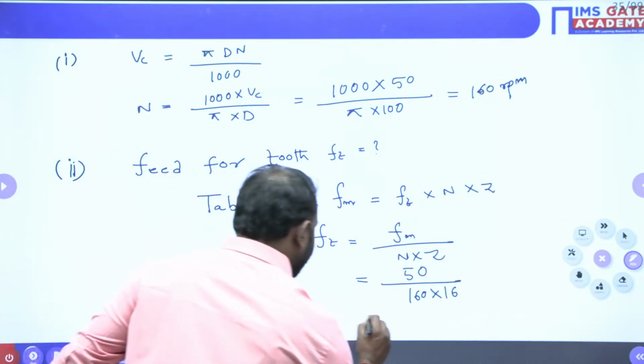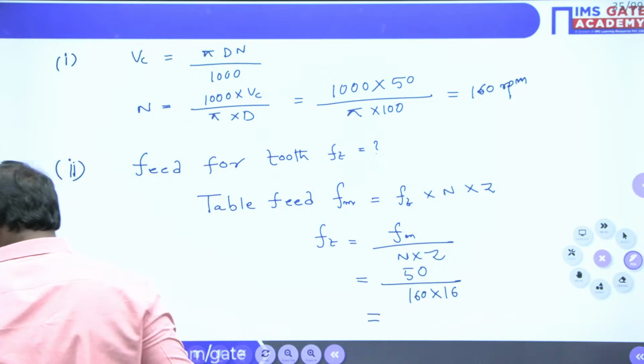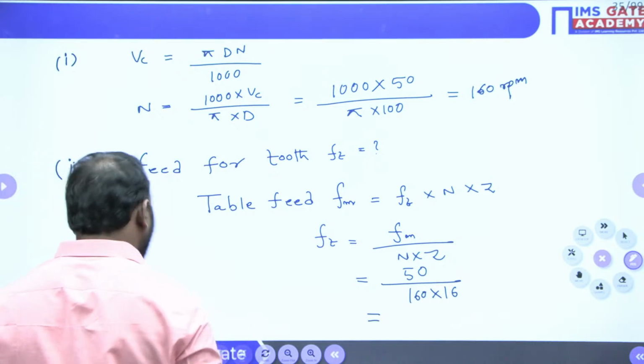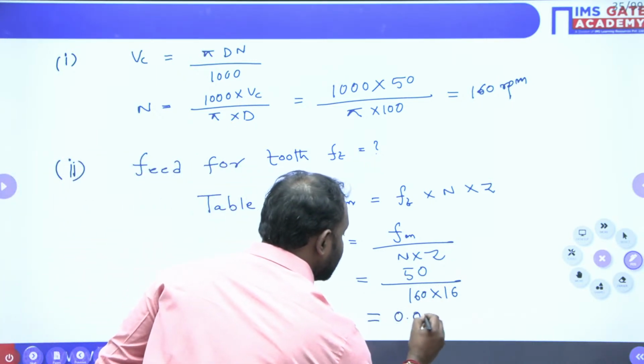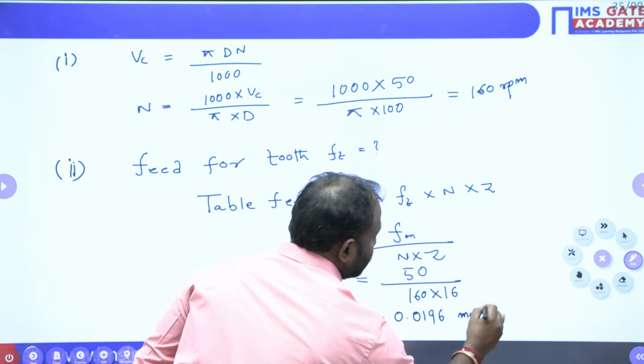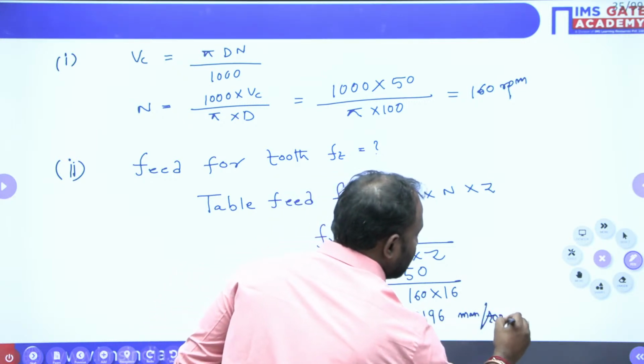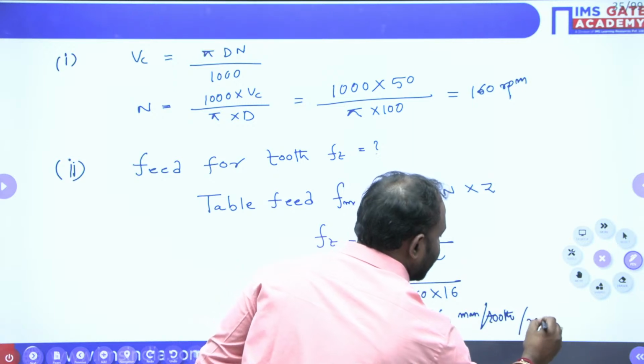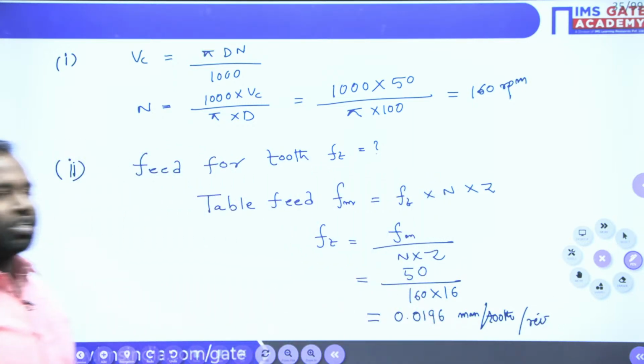From there I get feed per tooth equal to 0.0196 mm per tooth per revolution. So like this you are supposed to find out. Clear everybody, guys?